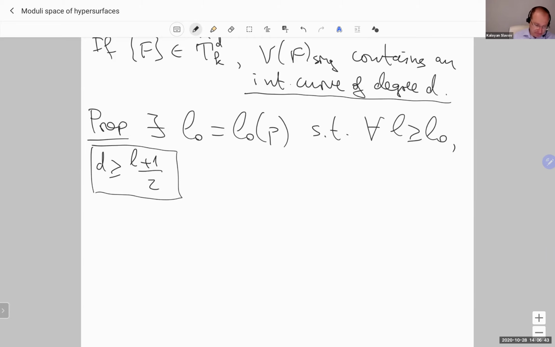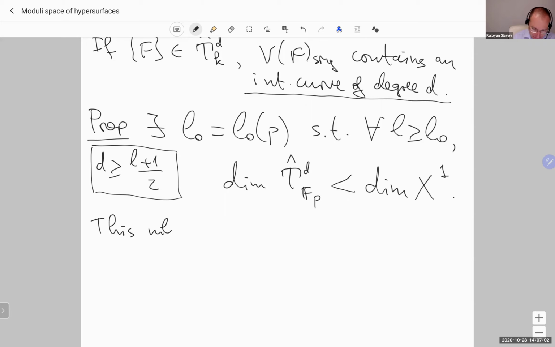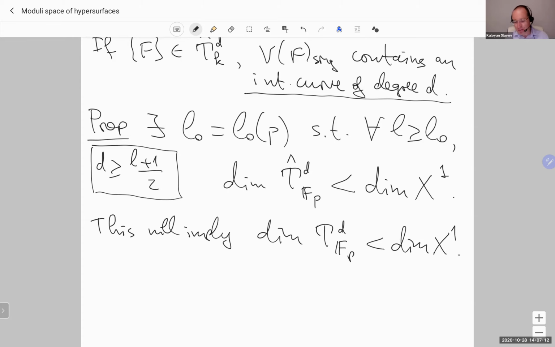Now D is large, and for D large, the dimension of TD hat over FP, TD hat exists over spec Z, base change to FP, is less than the dimension of X1. And this will imply the dimension of TD over FP is less than the dimension of X1, and we'll complete the proof.